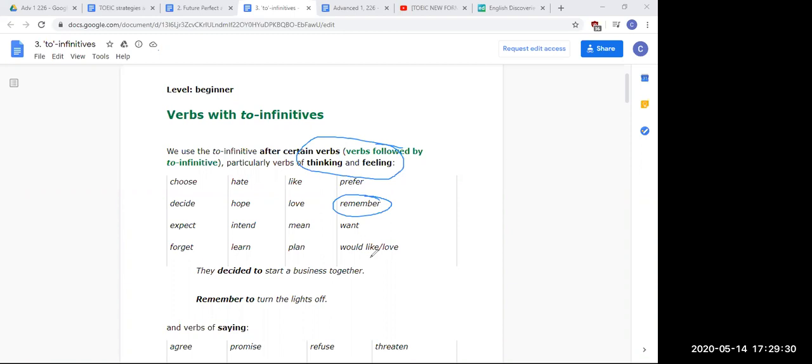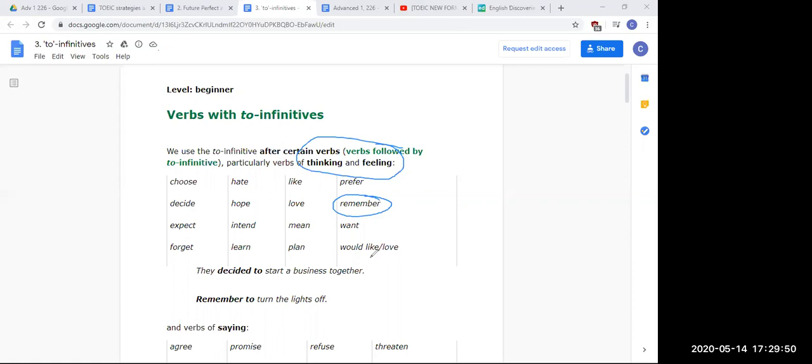And then you forgot. You didn't remember. So in that case, you didn't remember to go to the bank. It means you didn't carry out an action that you had planned.